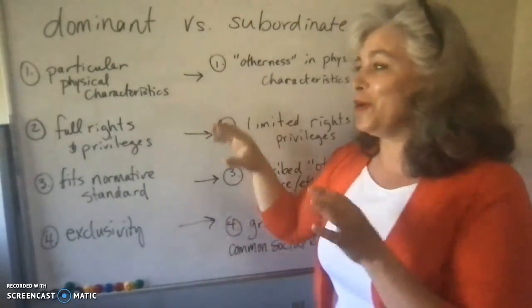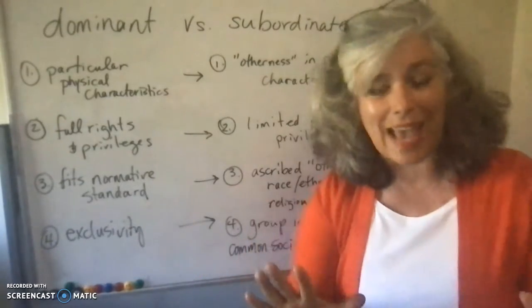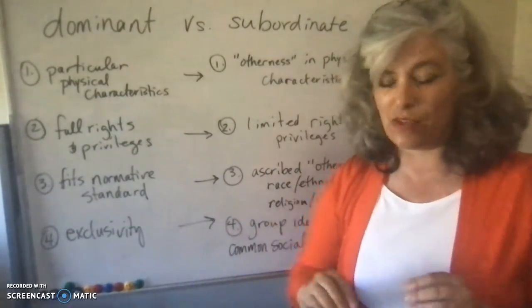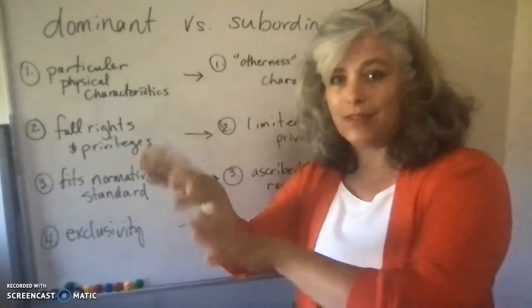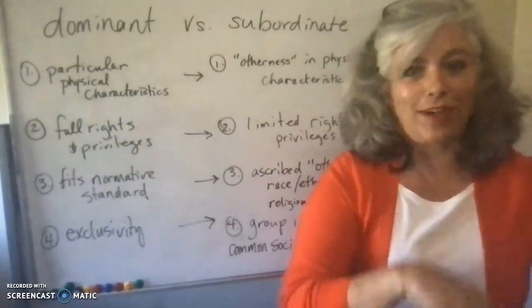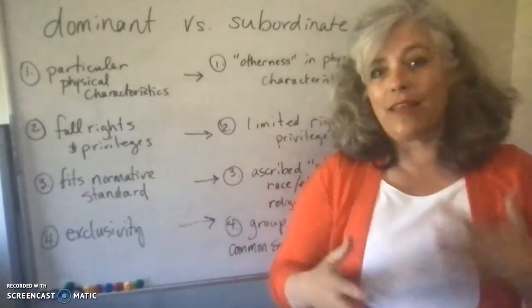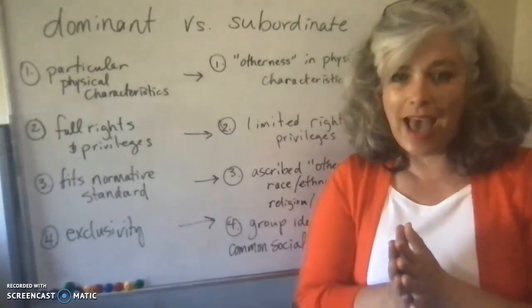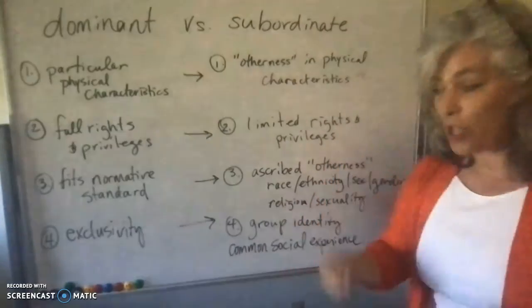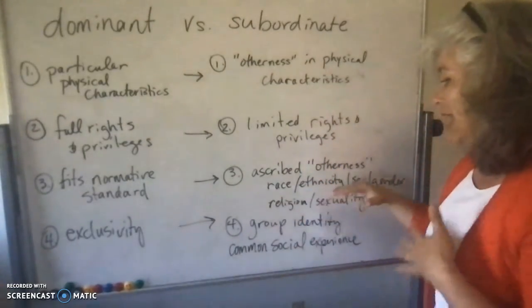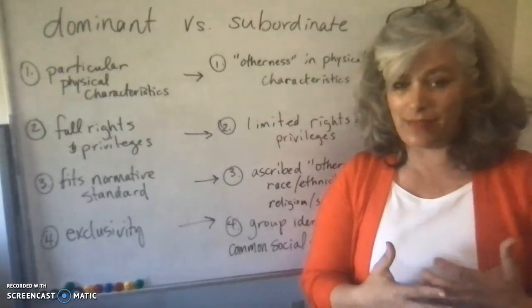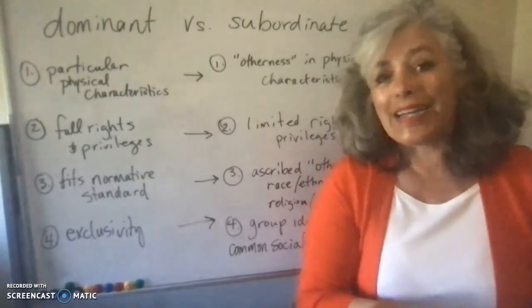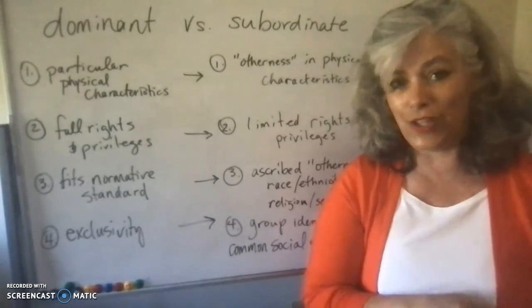And people who are dominant in the United States are not the same categories of people and ascribed statuses and achieved statuses of people who are dominant in India or Saudi Arabia or South Africa or China or any of the other places, because culture is different from place to place. And therefore, these social definitions of race, ethnicity, gender, those kinds of things are going to be viewed differently and defined differently from one place to the next.